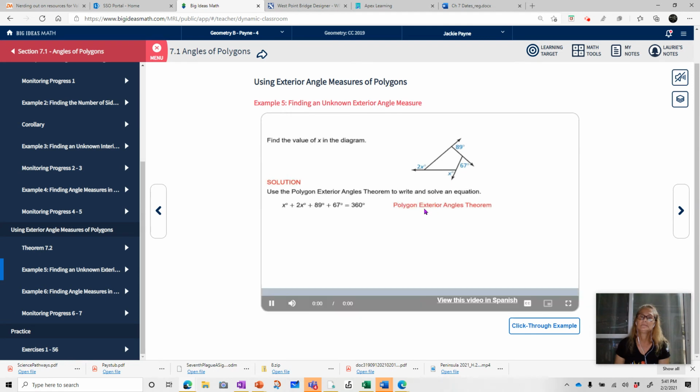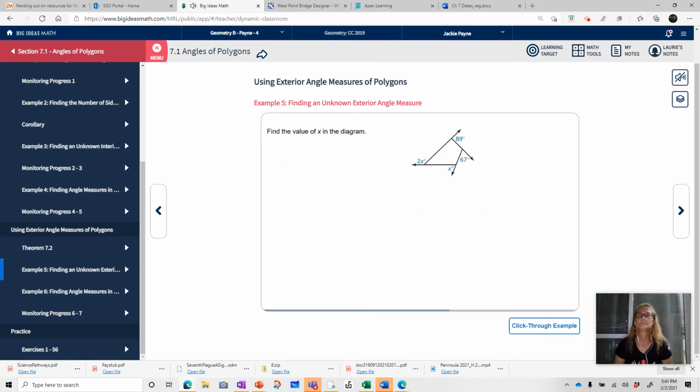Example 5. Find the value of x in the diagram. Solution. Use the Polygon Exterior Angles Theorem to write and solve an equation. By the Polygon Exterior Angles Theorem, the sum of the measures of the exterior angles of a convex polygon, one angle at each vertex, is 360 degrees.